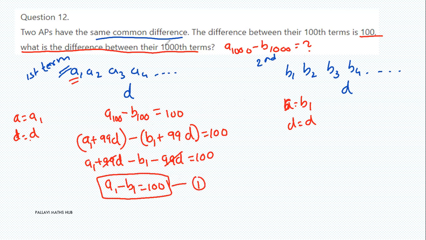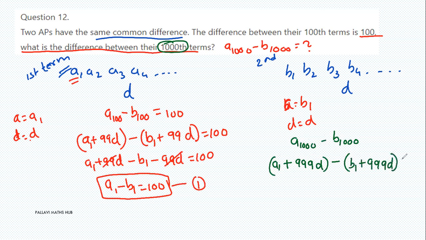Now, what is the difference between the 1000th term? You need to find out this one, the 1000th term. So A1000 minus B1000. Same here. First term is A1. A1 plus 1000 minus 1 is 999D, minus B1000 is B1 plus 999D.